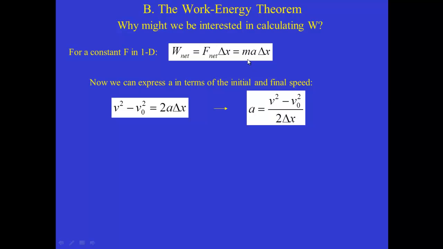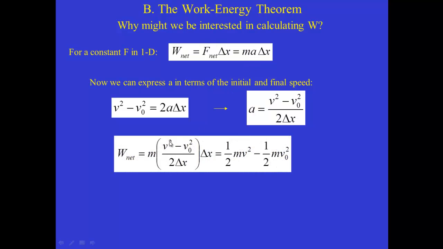And we can take this and plug it into the expression above for the net work. And when we do that, we see that we get m times this quantity, v squared minus v0 squared over 2 delta x, times delta x. So the delta x displacement term cancels, and if we take the 2 and bring it outside as a 1/2, and we multiply through the m, we see that we've got 1/2 mv squared minus 1/2 mv0 squared.